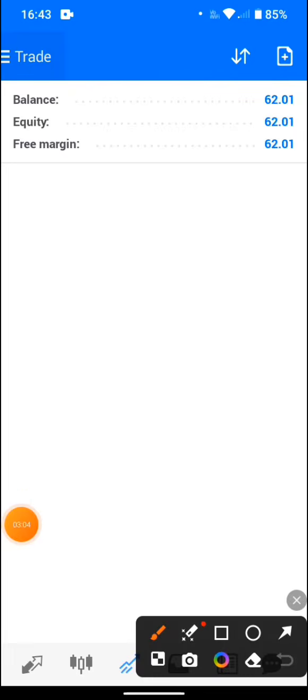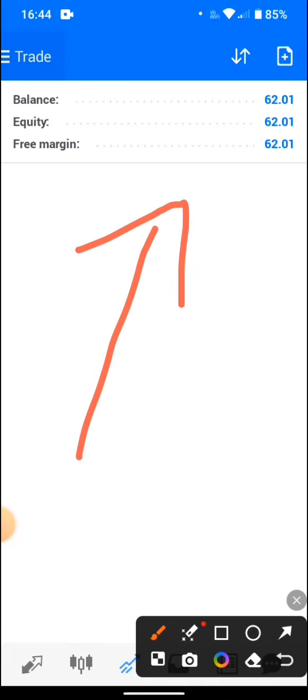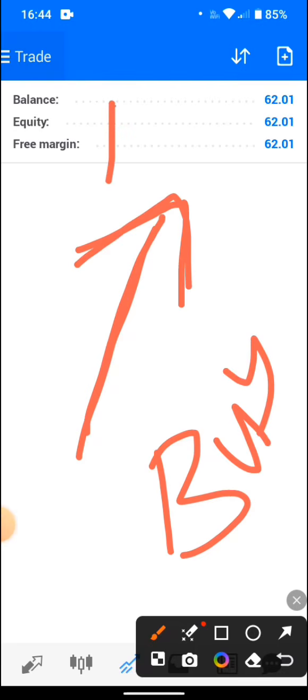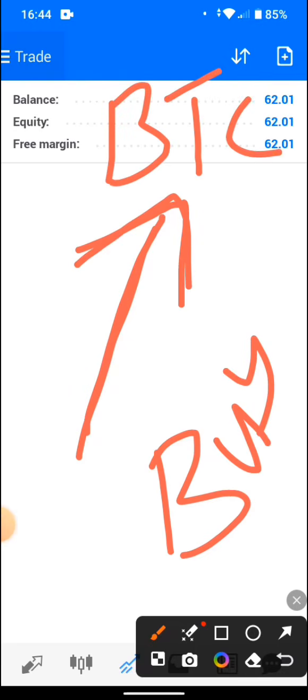Most YouTubers don't talk about this: whenever you use leverage and the trade is in your favor, you don't return the money. For example, let's say you are buying. Whenever we say you are buying, it means you are saying the price is going to go up for that particular asset. Let's use BTC in this case. Let's say you buy Bitcoin. It means the price of Bitcoin needs to increase.